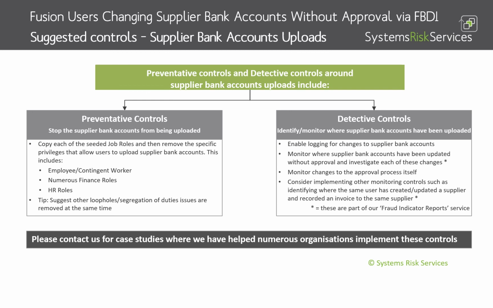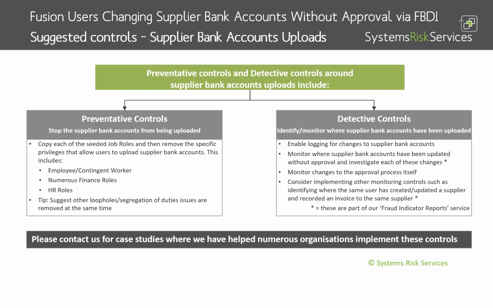I want to monitor changes to the approval process itself. So I want to check whether or not somebody has changed the approval process and made sure that it's still in line with business requirements, and that the individuals in that approval group for bank account changes are appropriate.